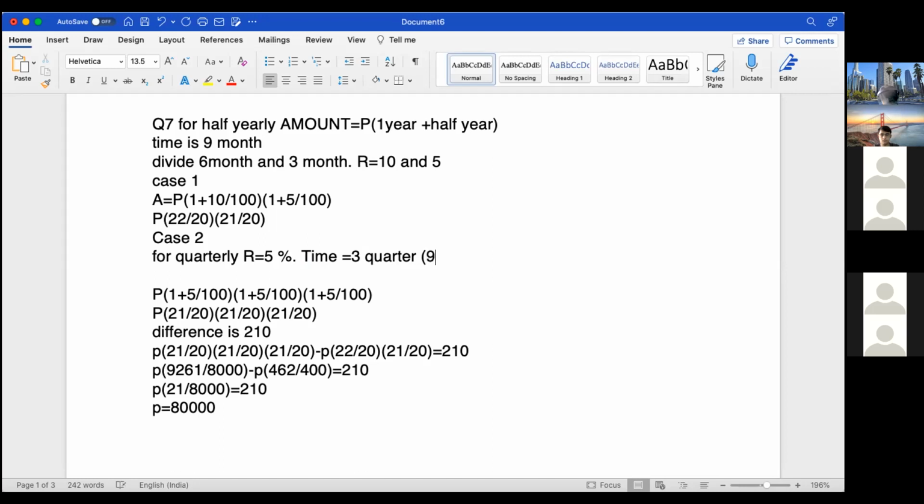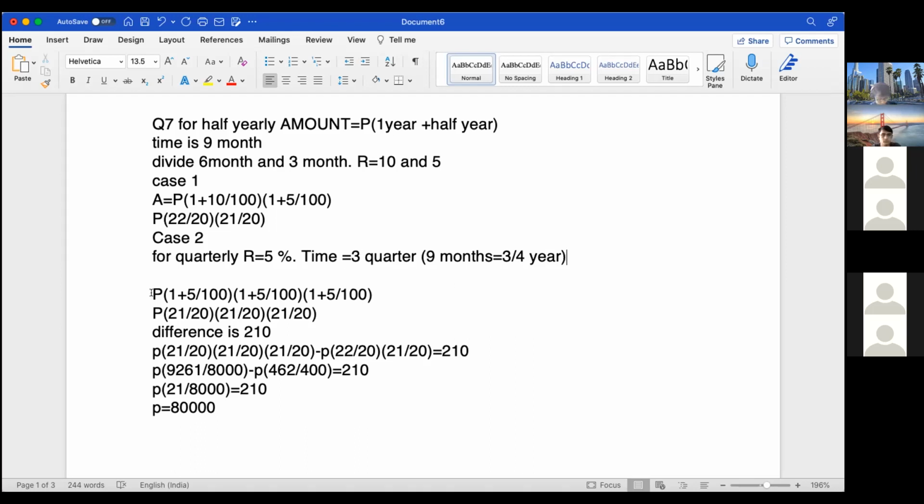So 9 months equal to 3 quarters. So time will be 3.